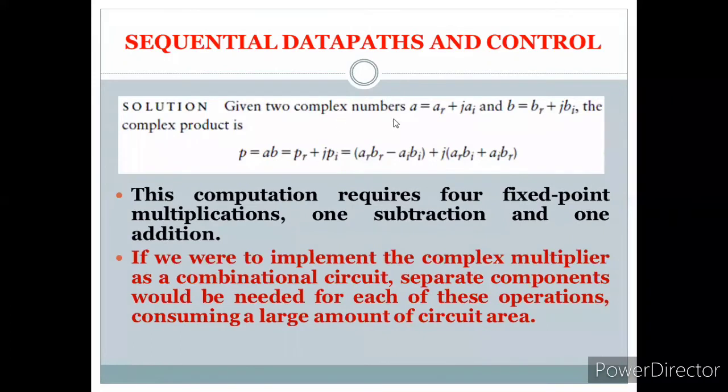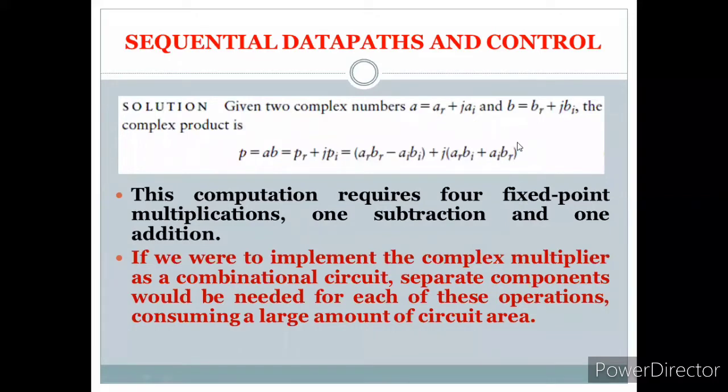The two complex numbers are A equal to AR plus jAI and B equal to BR plus jBI. When you multiply these, the product is equal to A times B, with a real part and an imaginary part. This is the real part we get when we multiply, and this is the imaginary part.